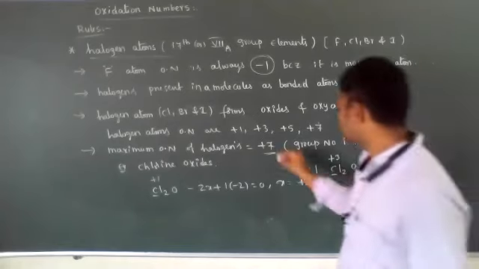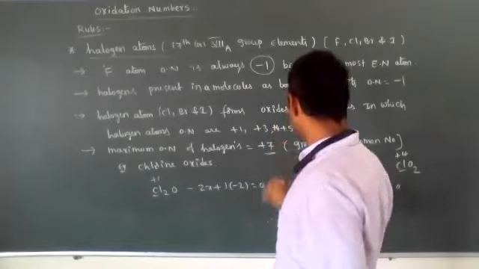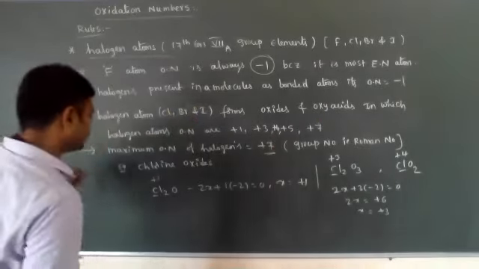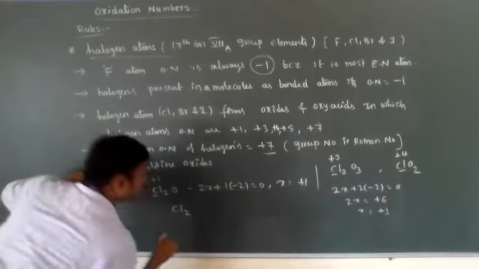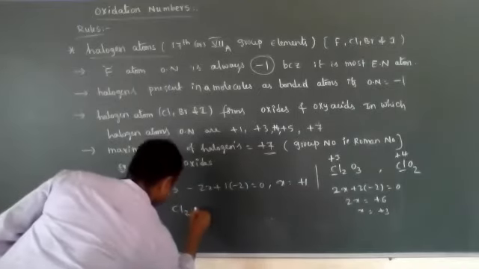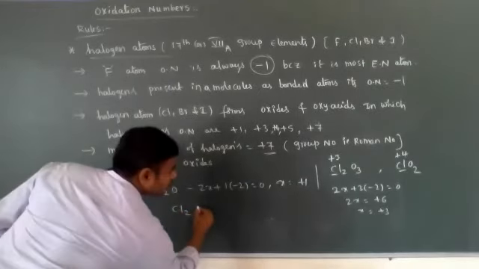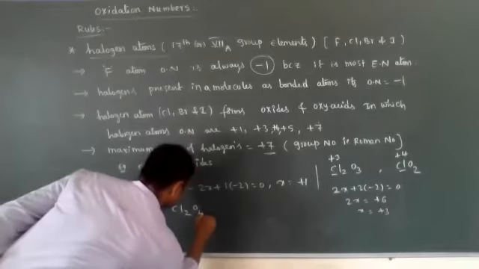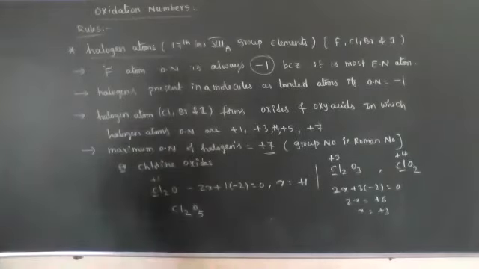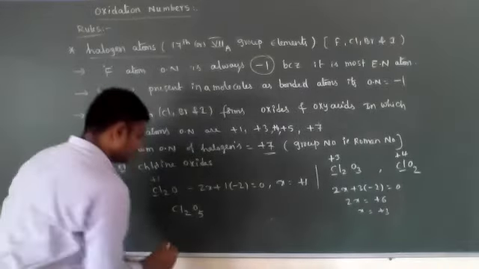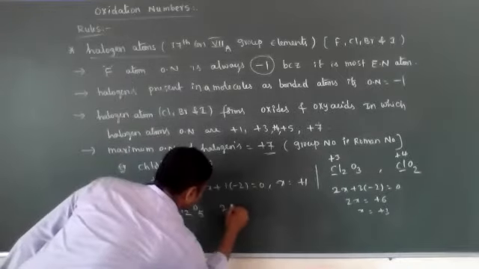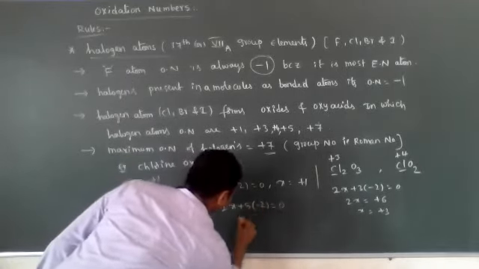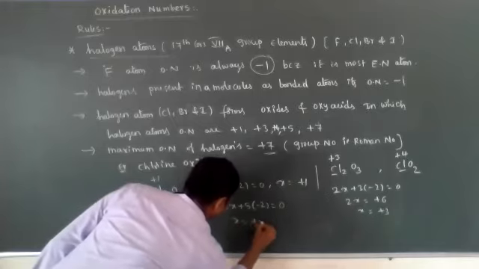So it also exhibits +3, +4, +5. +5 example, let's see. Cl2O5. In that Cl2O5, chlorine: 2x plus 5 into -2 is equal to 0. Then x is equal to +5.